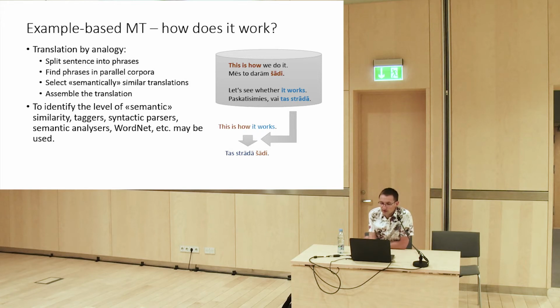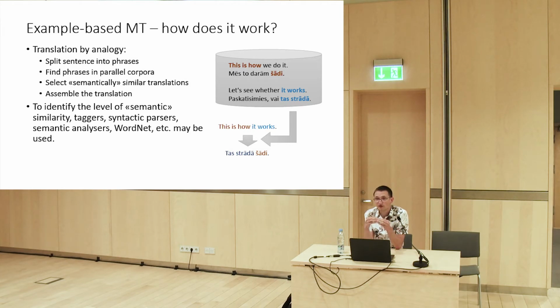To identify which phrases from the parallel corpus I have to use, the method tries to analyze semantic similarity, and for that it can use taggers, syntactic parsers, semantic analyzers, and various other types of resources. But one thing that it does not do is analyze the data statistically.